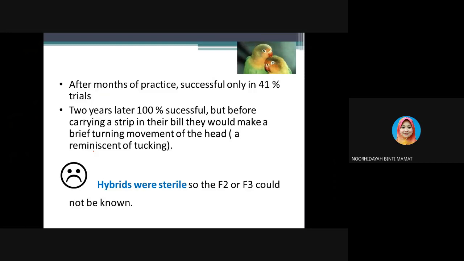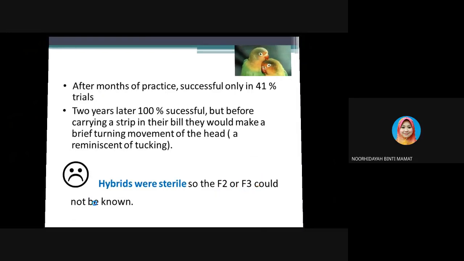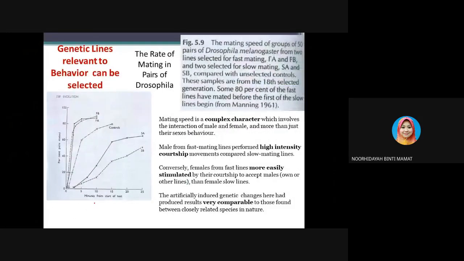The F2 generation should not be known, because the hybrids are barren, infertile, so we cannot know the generation of F2 and F3. This is another example, where we study the rates of mating in pairs of Drosophila.